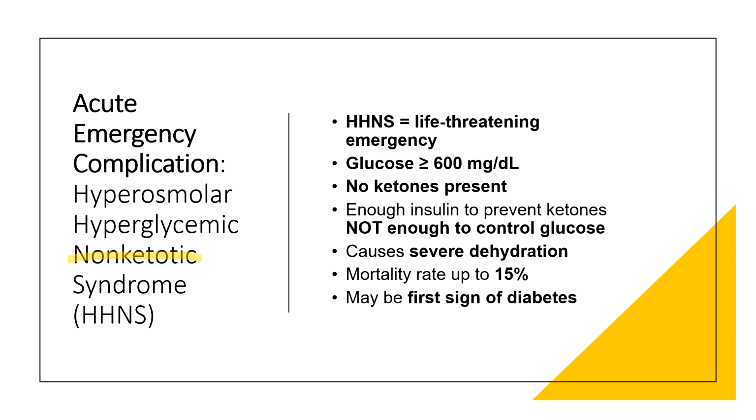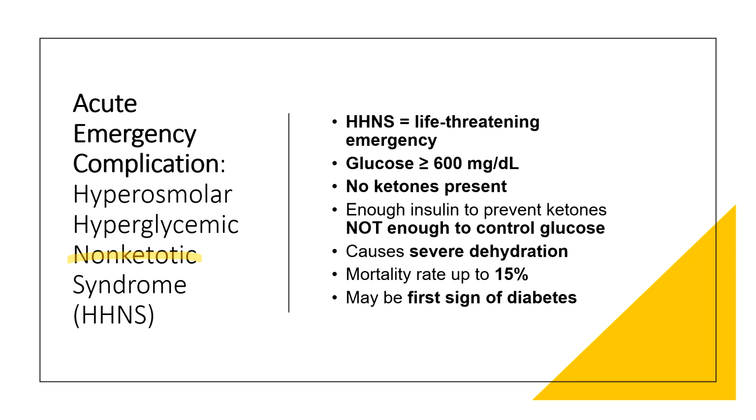The pancreas produces just enough insulin to stop the fat breakdown and the ketone formation, but it doesn't produce enough insulin to control the blood sugar, okay? Because of the very high glucose levels, your patients will develop severe dehydration, which contributes to a high mortality rate. All right.